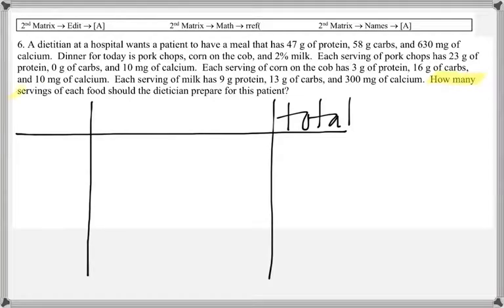So how many servings of each food should the dietitian prepare for this patient? So that would be my variables x, y, and z. So I have the pork chops, I have the corn on the cob, and I have the milk.